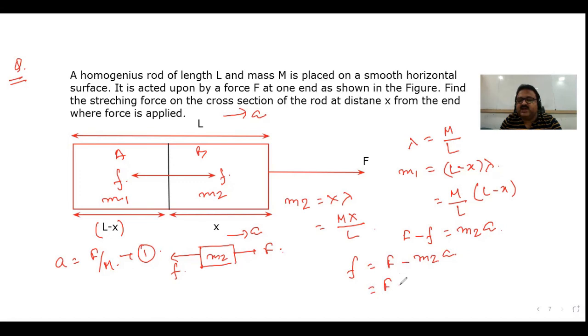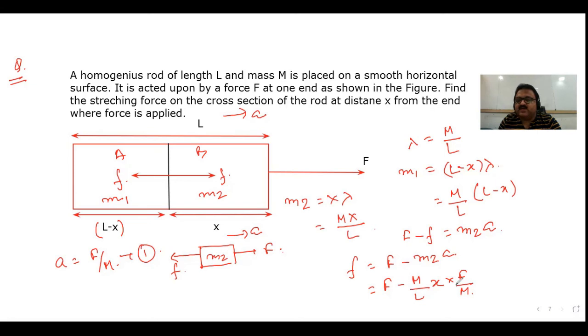F is given. M2, what is M2? Put in the value of M2. M2 is M by L into x. And what is a? a is equal to F by M. Now watch this carefully.